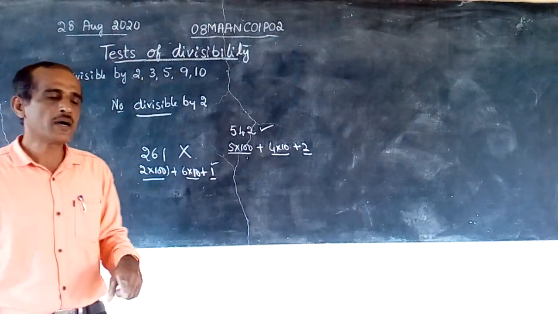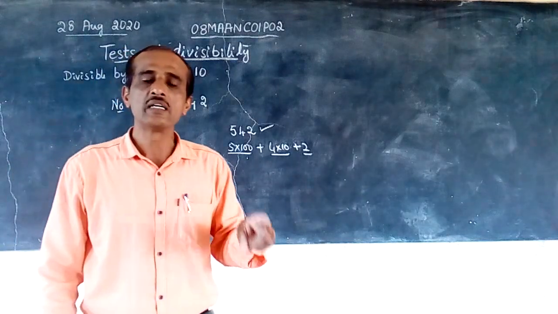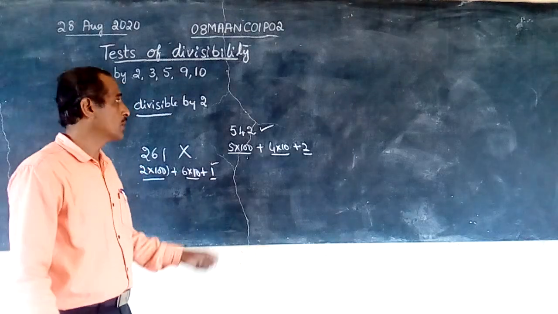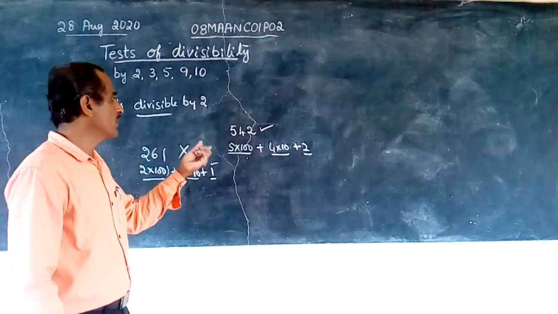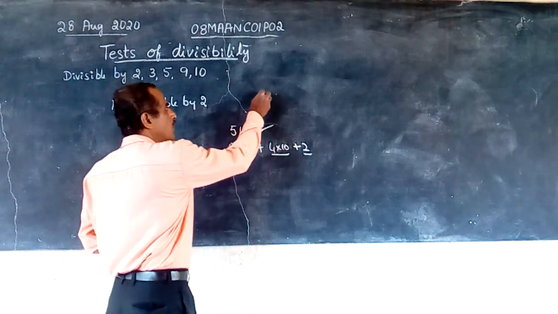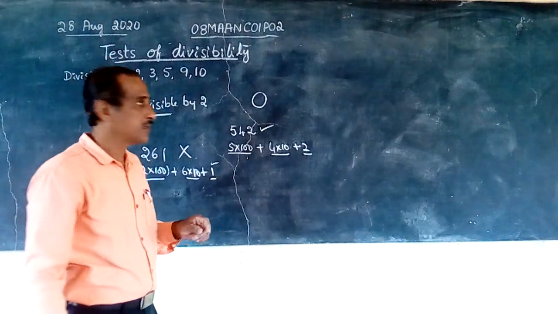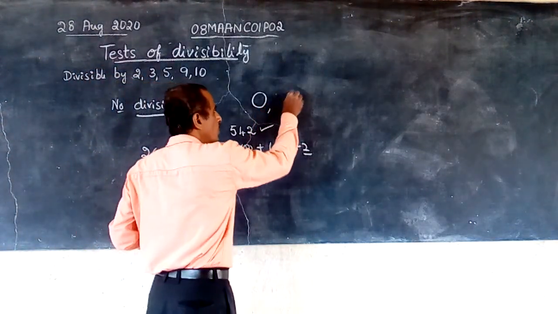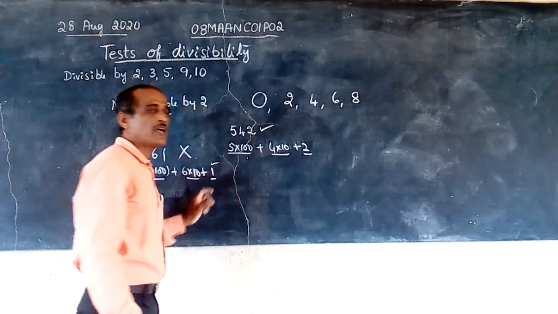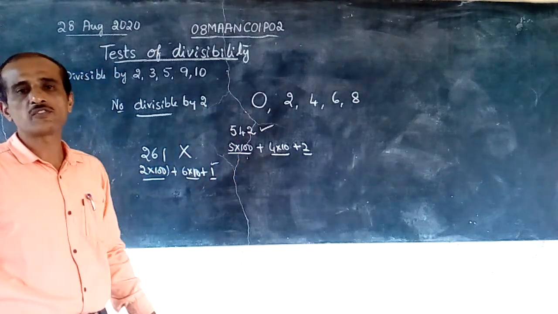So, always remember the last digit, the digit in the unit place, decides whether that particular number is divisible by 2 or not. To decide this, we have to check the last digit. If the digit in the unit place is 0, 2, 4, 6 or 8, these 5 digits, then that number is divisible by 2.